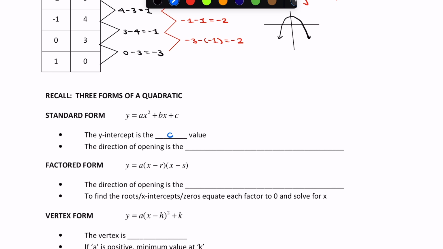And the direction of opening is determined by the a value. So if the a value is positive, that means it opens up. And if the a value is negative, it opens down.